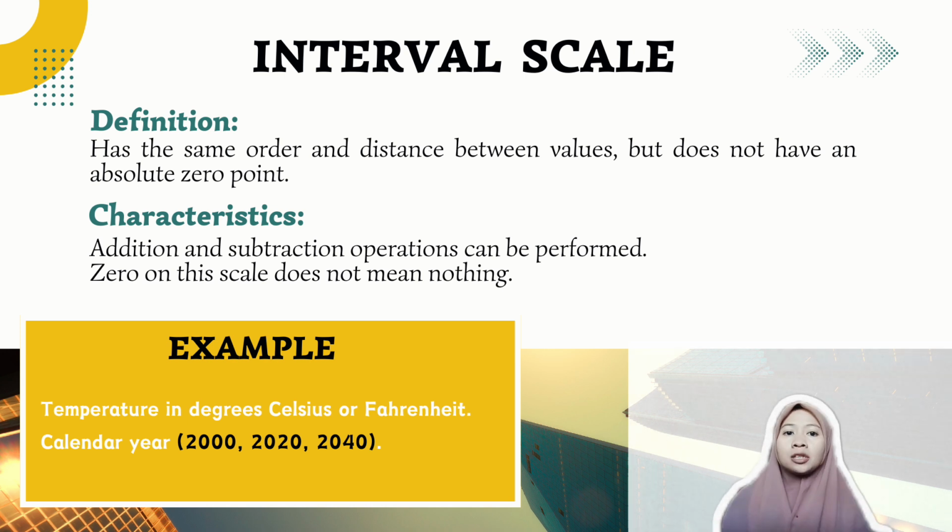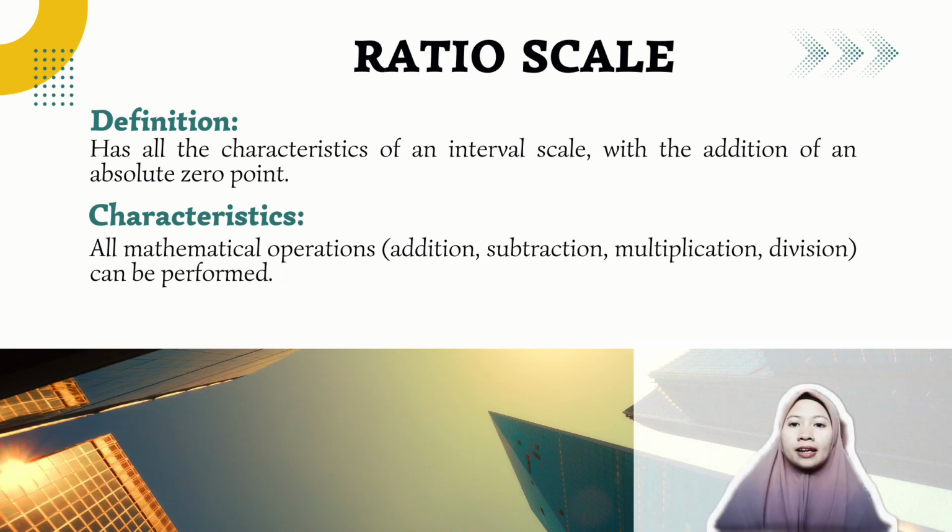The difference between the years 2000 and 2010 is 10 years, just like the difference between 1990 and 2000. But we cannot say that the year 2000 is twice as much as the year 1000.